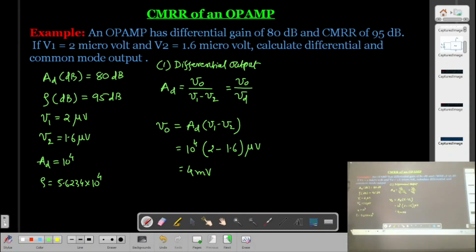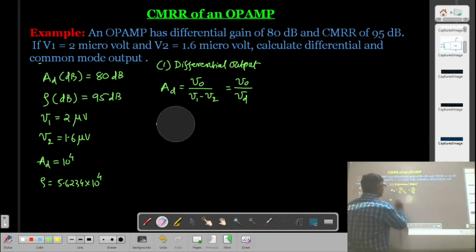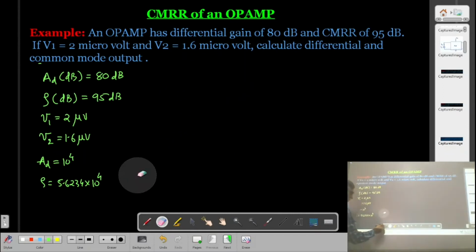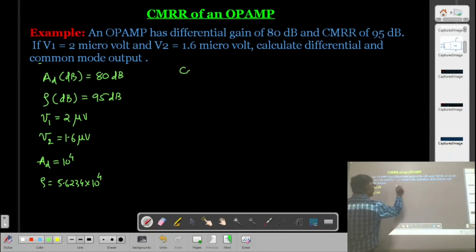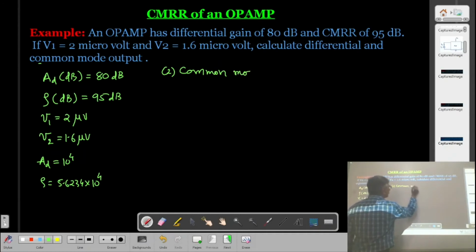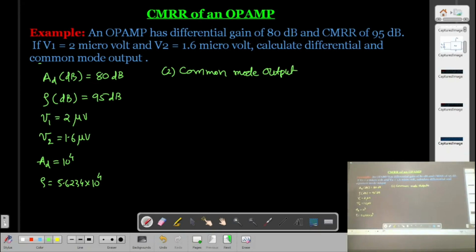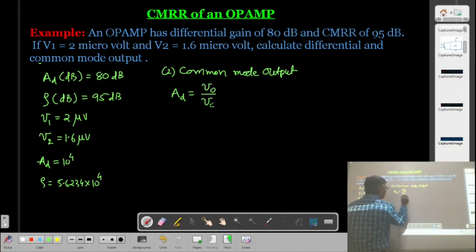Now we have to calculate the common mode output. Same way, what is the definition for the common mode? Correct? According to this, the common mode gain AC is given as the output voltage divided by the common mode signal.